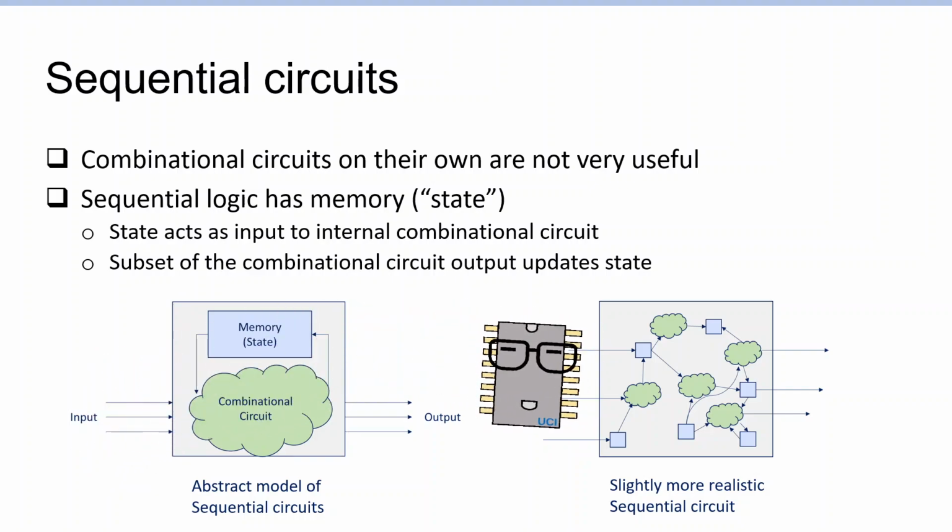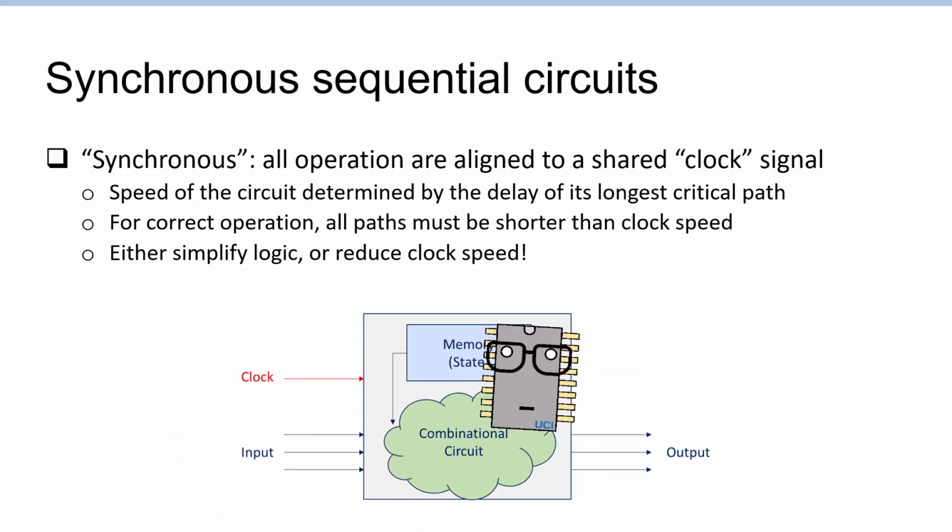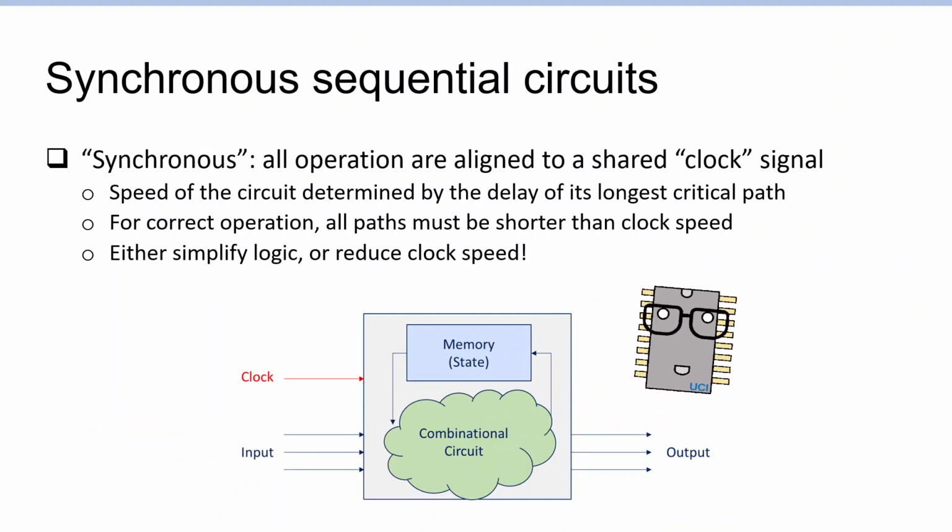A slightly more realistic depiction of sequential circuits consists of scattered, distributed state elements interacting with scattered, again distributed, combinational circuit components. And among sequential circuits, the typical category which we deal with when we talk about computer architecture is so-called synchronous sequential circuits.